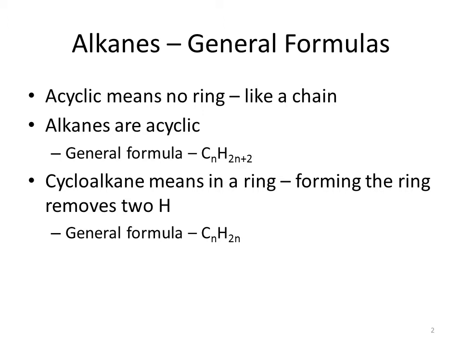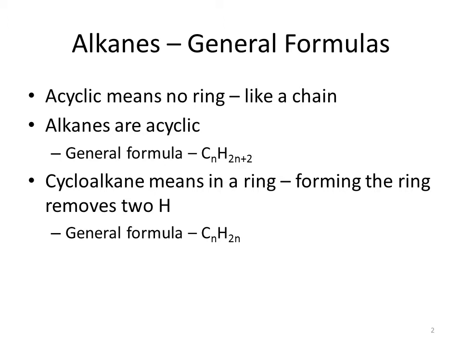If a carbon has 2 other carbons attached to it, well then it must have 2 hydrogens on it. If a carbon has 3 carbons attached to it, then there is only 1 hydrogen. And if a carbon has 4 carbons attached to it, there are no hydrogens on it.